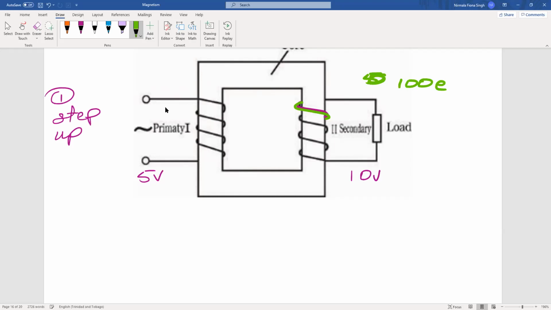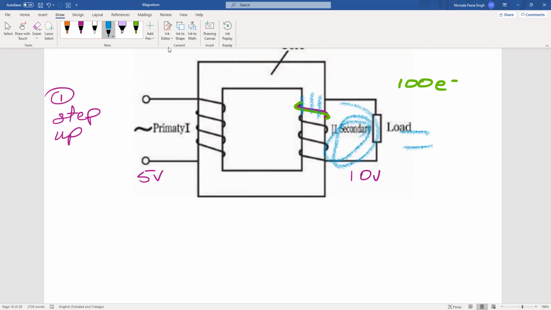We're just imagining. It's actually a much bigger number than that. That means once a magnetic field passes through this wire, it is going to cause 100 electrons to jump out of the wire and start moving around to form your current.